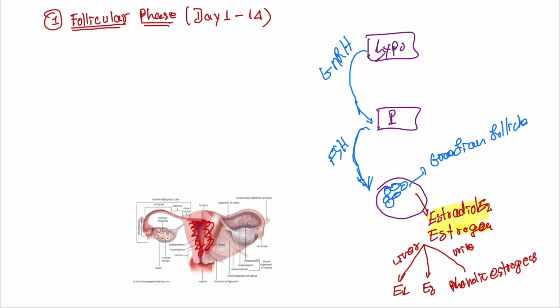So this is the mechanism, the events that happen in the follicular phase. But on days 13 and 14, estrogen has one of the most important roles. Estrogen initially sends negative feedback to the pituitary gland, but after that it switches to positive feedback.